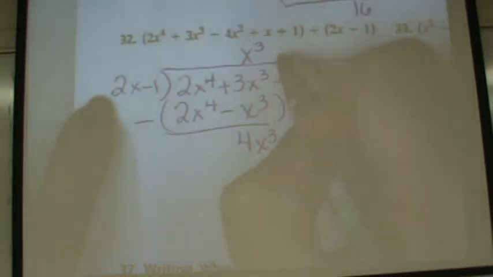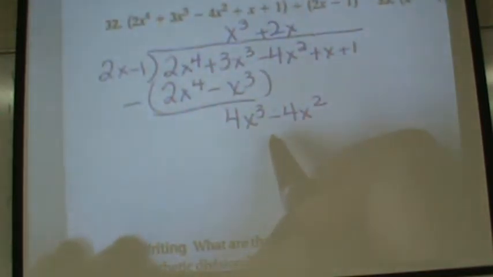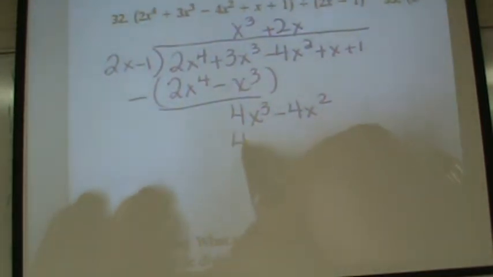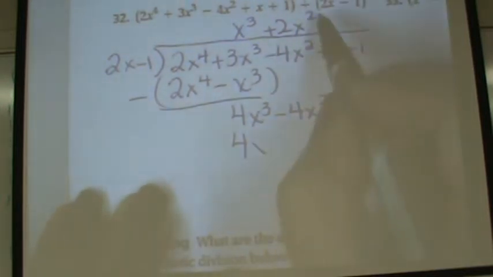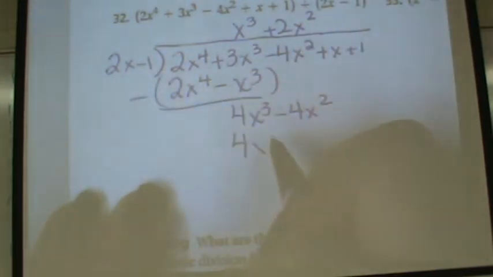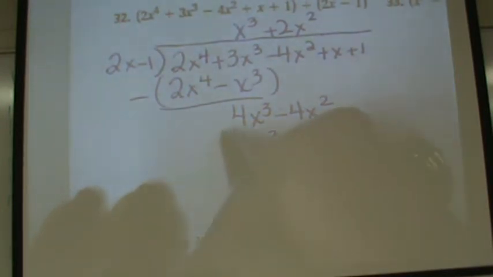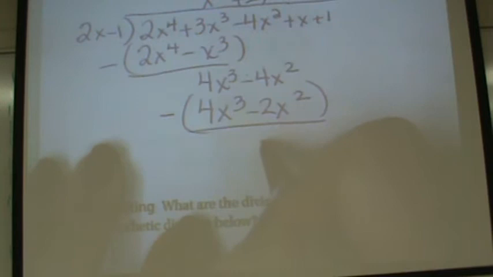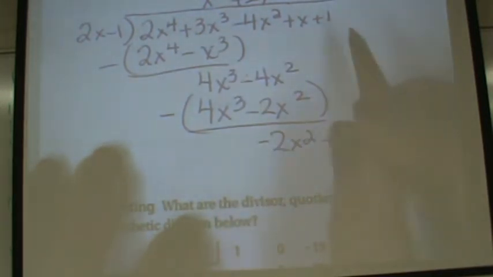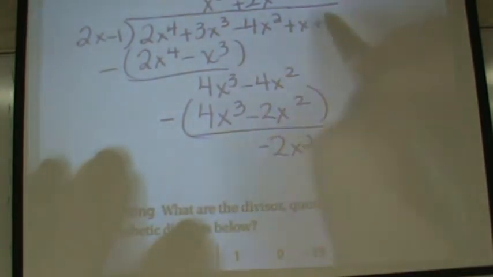Now we need a 2x squared here. 2x squared times 2x is 4x cubed minus 2x squared. Subtract these. You get negative 2x squared plus x. Now you're going to need an x here. Actually a negative x.